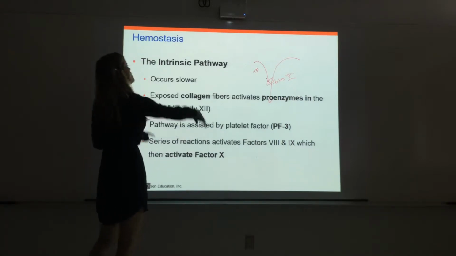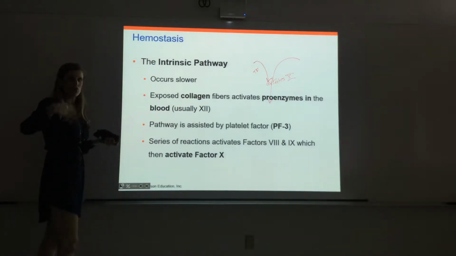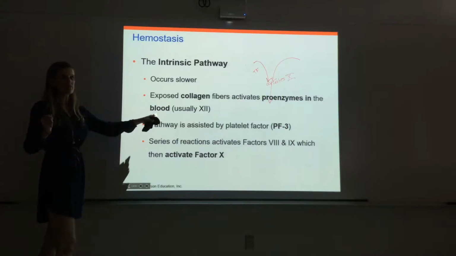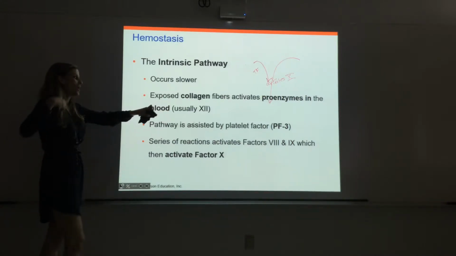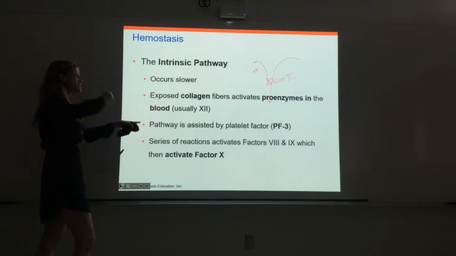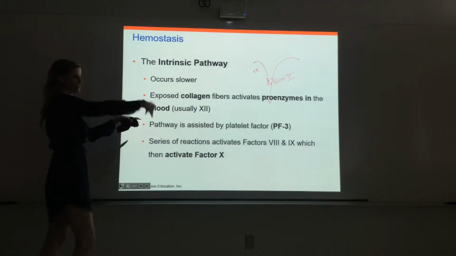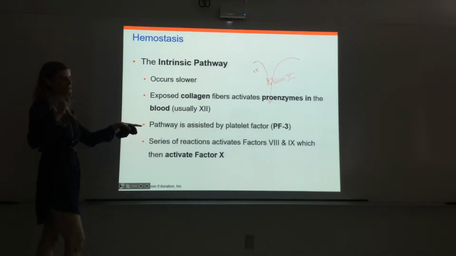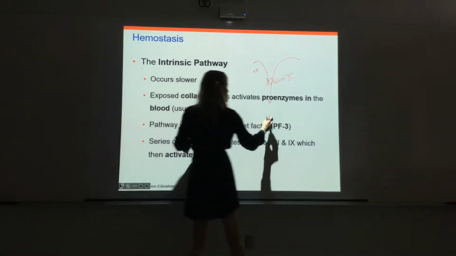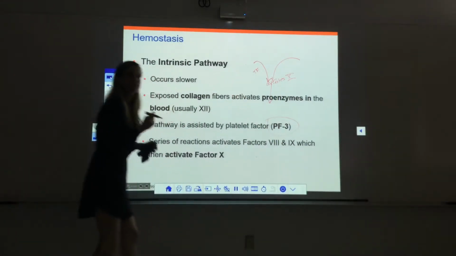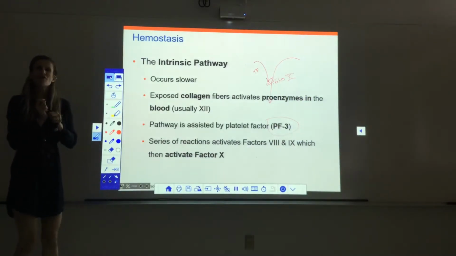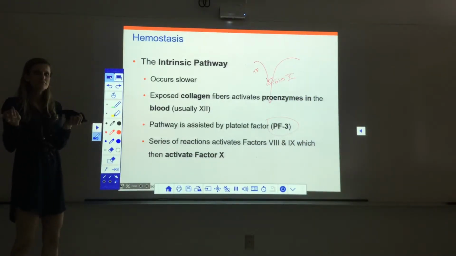And when they are, that starts to activate proenzymes. This can go a couple of different ways. Usually it's 8, usually it's 12, but it can go with multiple different factors here. It's not always the same factor that gets activated. One of the keys here, though, is that this is assisted by platelet factor 3. Where was that released? It's really easy.